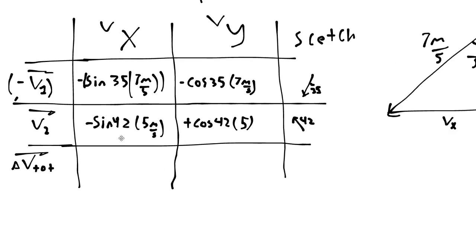So what you're going to do now is just add these two things. You're going to add these two together, add those two together, and then you just put in the totals. So I'm going to skip ahead and do that.